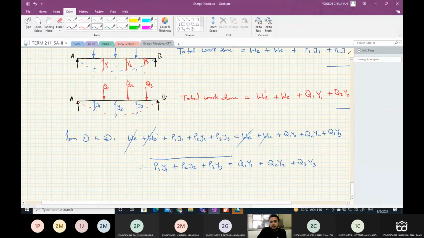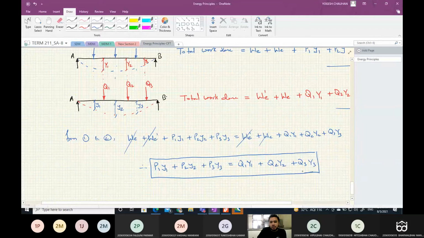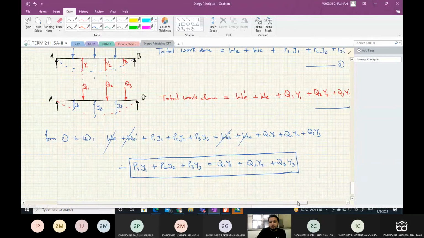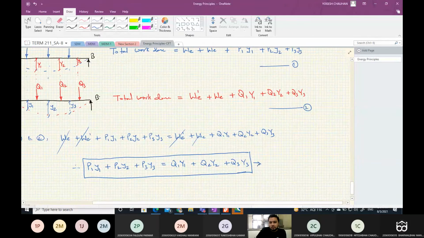So this is the mathematical representation of Betti's theorem. This is Betti's theorem, mathematically.